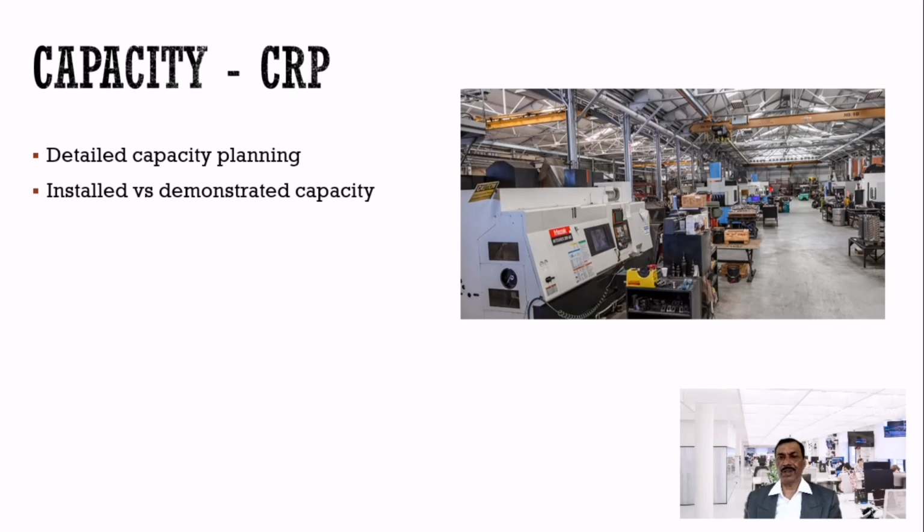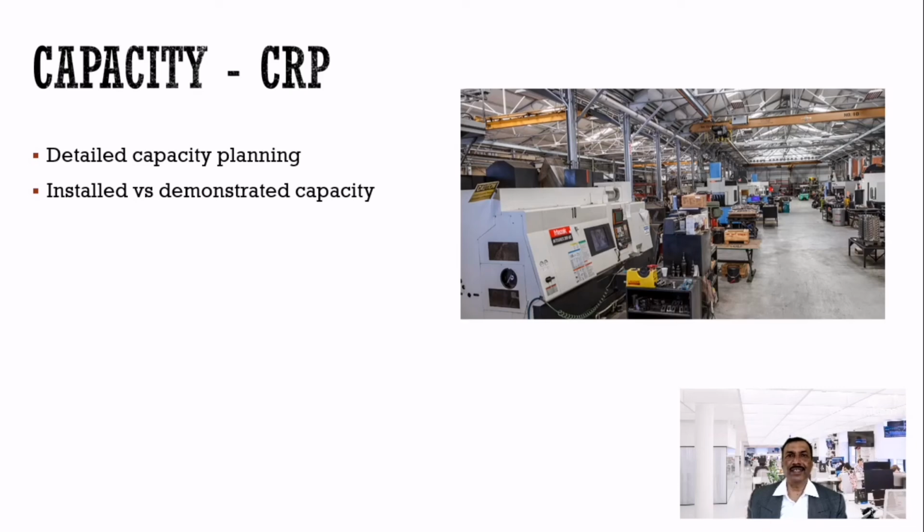You should also understand installed versus demonstrated capacity. A particular machine is capable of giving certain production based on its technical specification, but demonstrated capacity is what we are able to do over the last few periods. Assume installed capacity is 500 units per month, but you were able to do an average of 450 units in the previous 3 or 6 months.